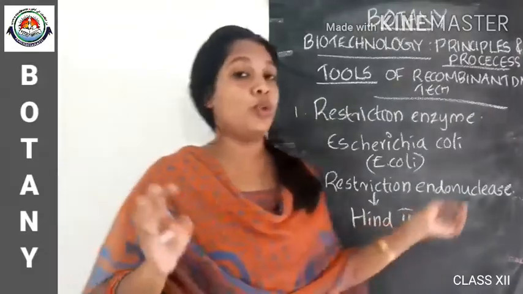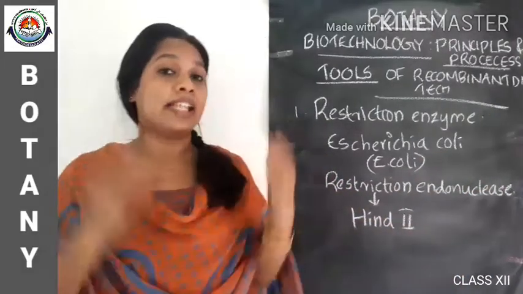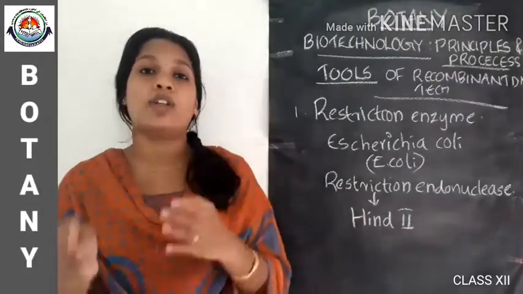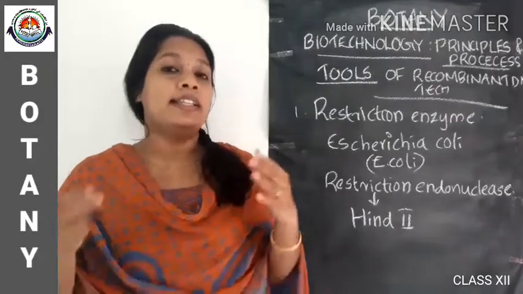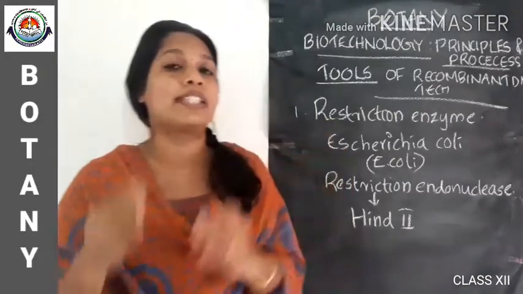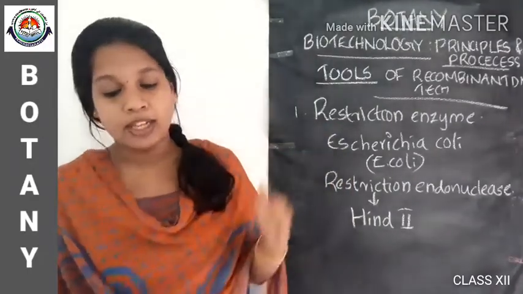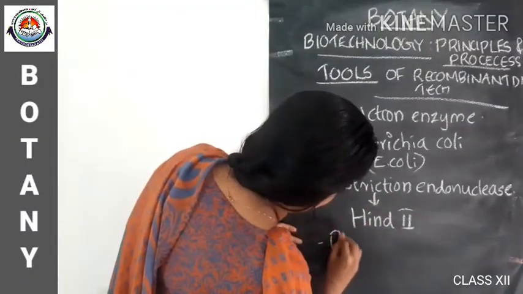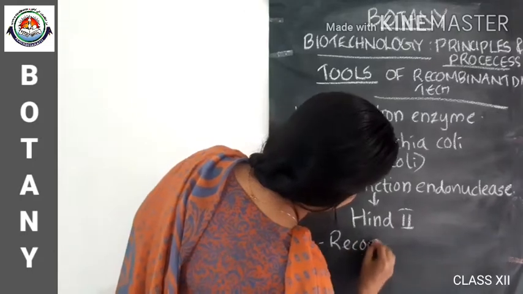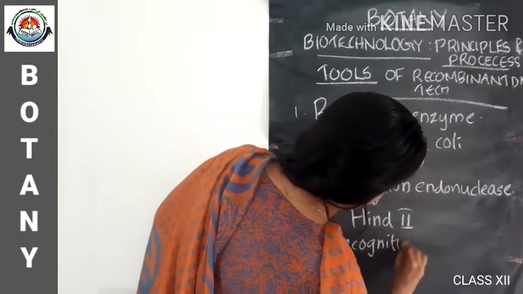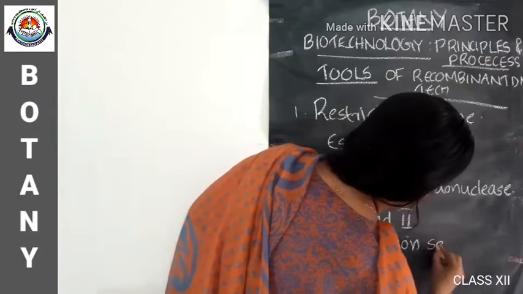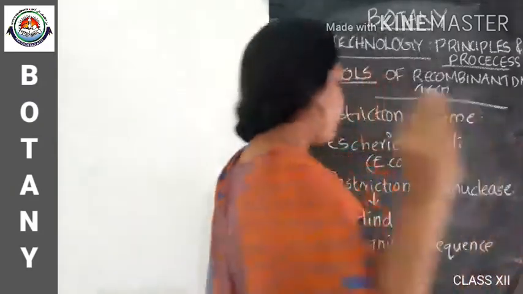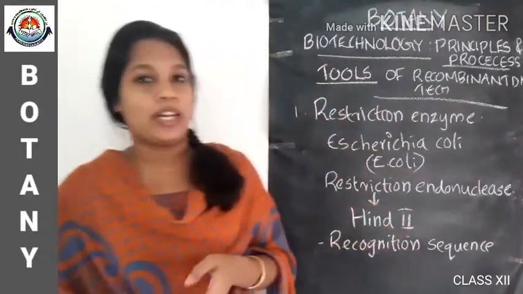So this enzyme will cut the DNA only at a specific site of 6 base pairs. That specific sequence is called the recognition sequence, the specific sequence that is recognized and cut by the Hind II enzyme.